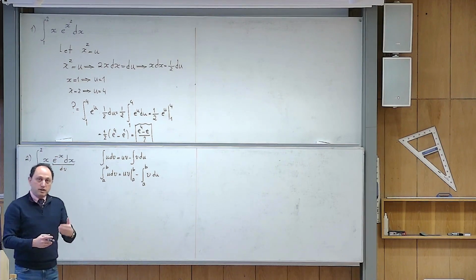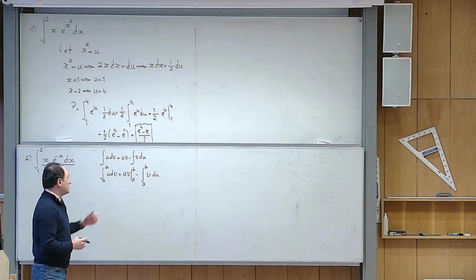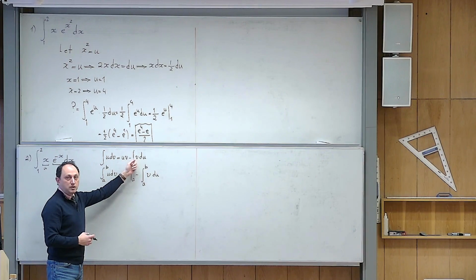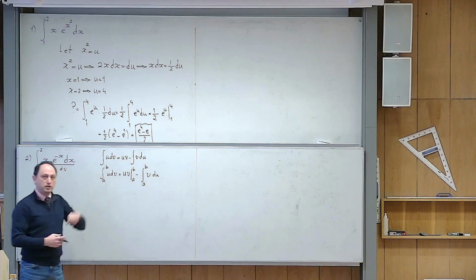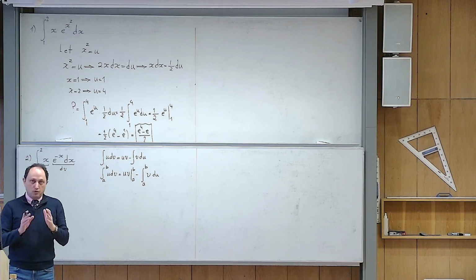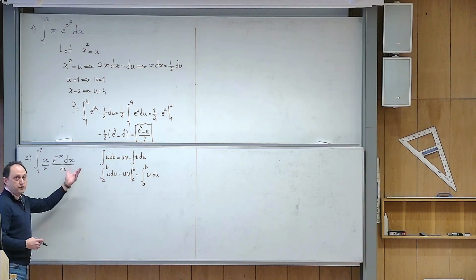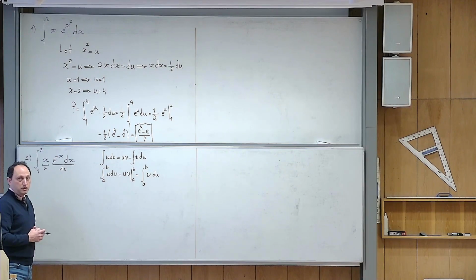But if you do that, you will see that you always get a correct equality, but the integral that you generate in this way will be harder than your original integral. I really recommend you to do it yourself the other way around, to feel why this is the case.